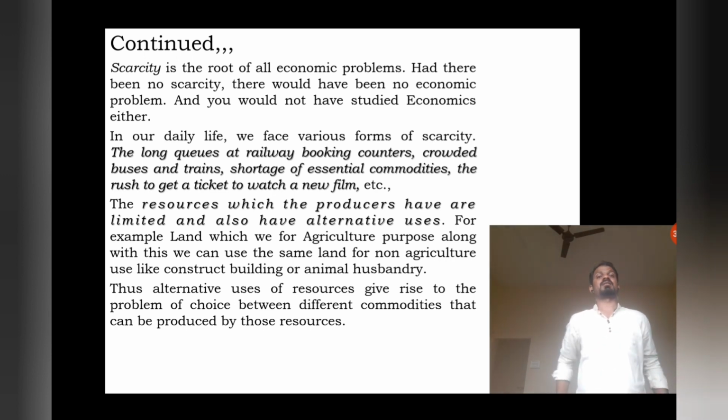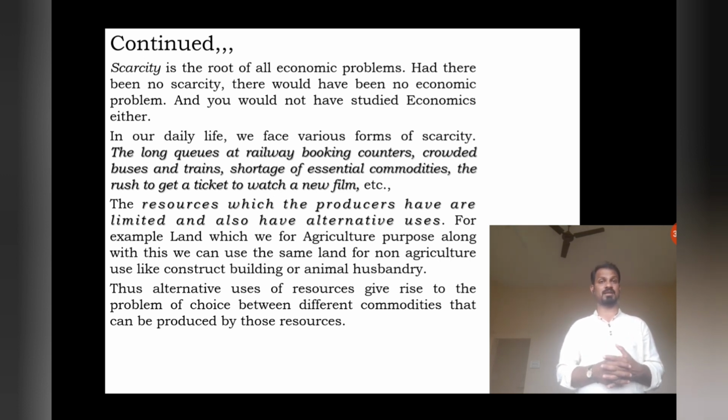That is why buses are crowded. Shortage of essential commodities like food articles, clothing or shelter is also a form of scarcity.